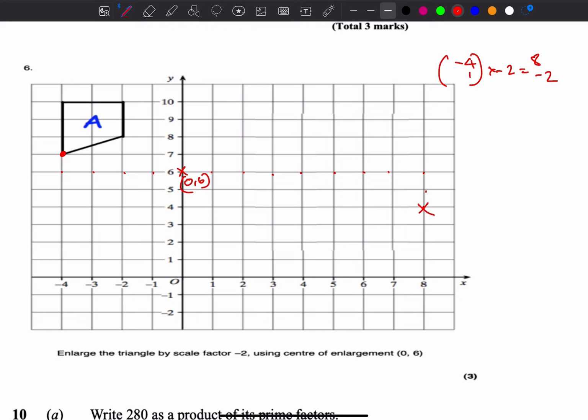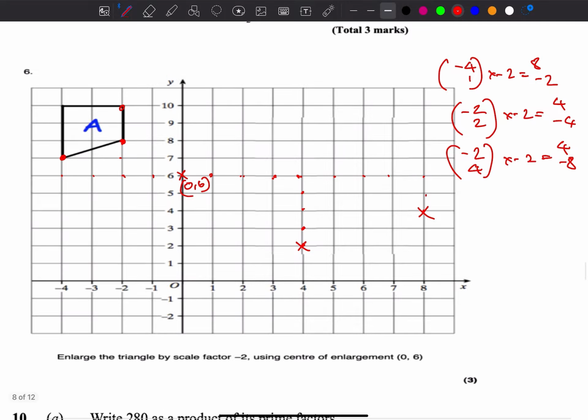Then this one, from the center you go 2 left, 2 up. Minus 2, 2 times by minus 2, which is 4 and minus 4. So you go 4 right and 4 down. Next one. You go 2 left, 4 up, minus 2, 4 times by minus 2, 4 and minus 8.